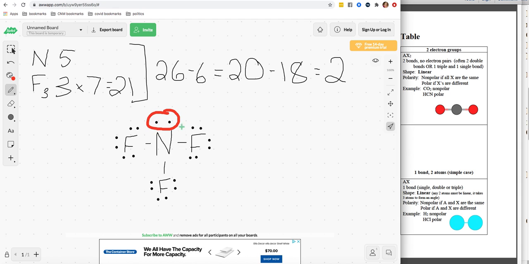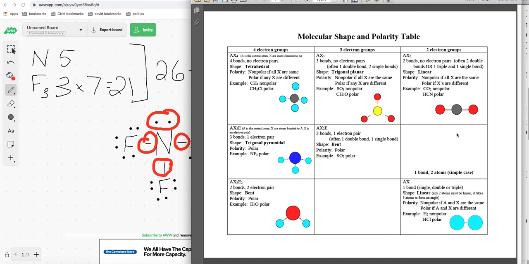So that is your lone electron pair. These are your bonds. 1, 2, 3 bonds. And 1 electron pair. So that is A for the center, X3 for the 3 bonds, E for the lone electron pair. So that's actually what we have here.